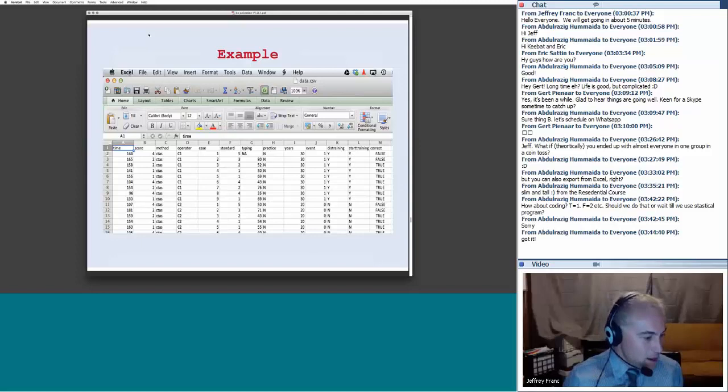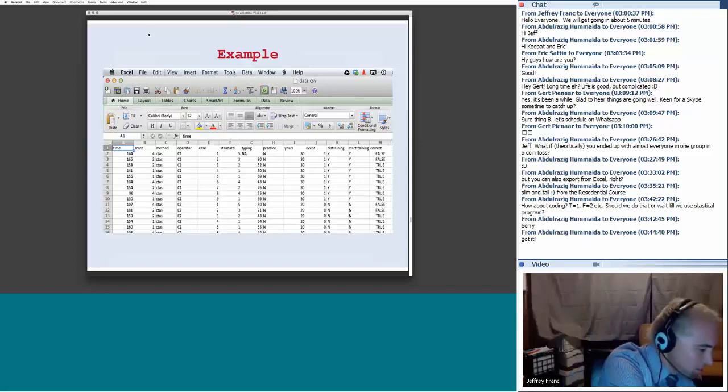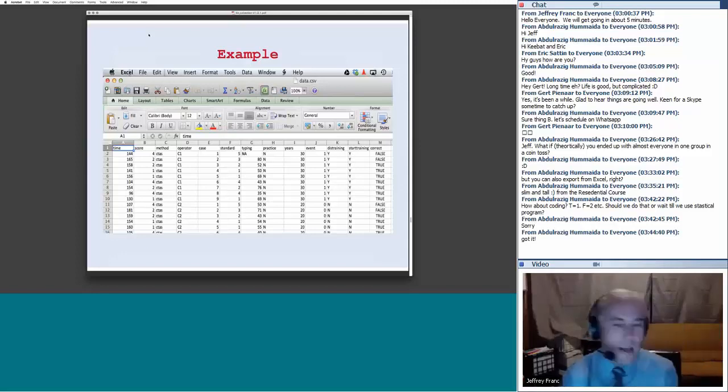Column names are unique, and there are no duplicates. So you see I have time, score, method, operator. They're all unique with no duplicates. You see that there's only one response in each column. So you'll see, for instance, that method says here it's CTAS and the operator it's C1.